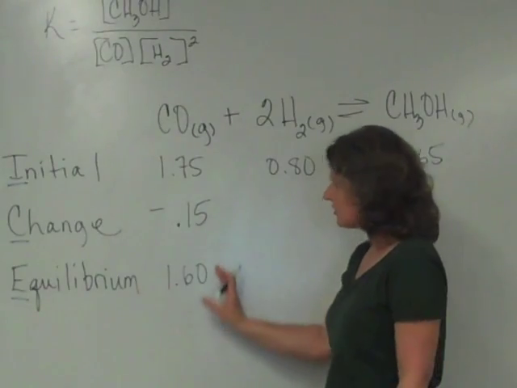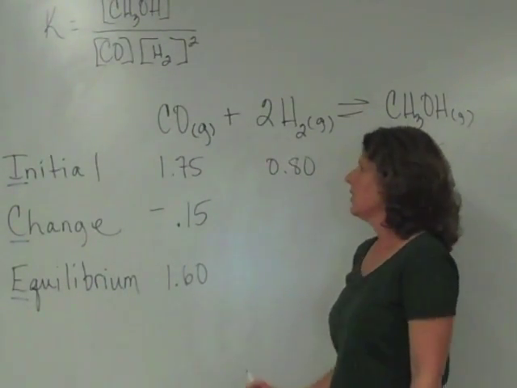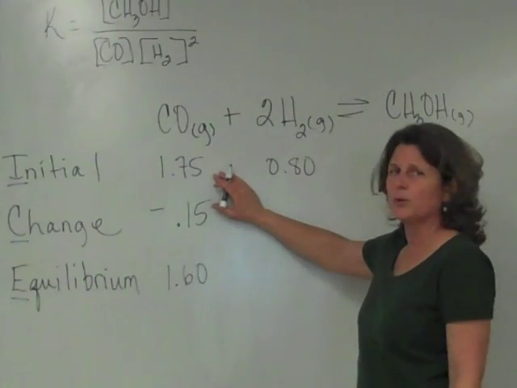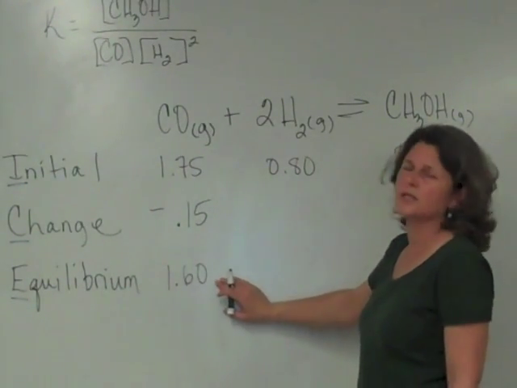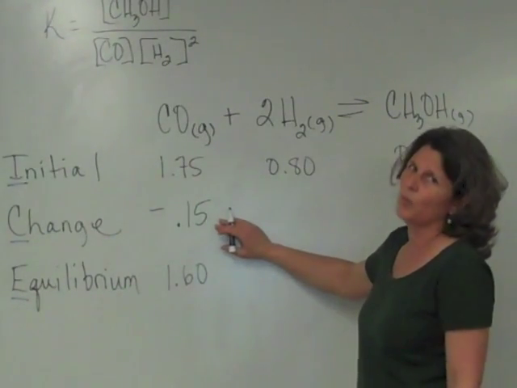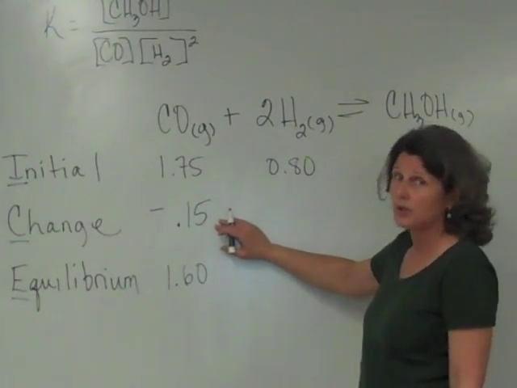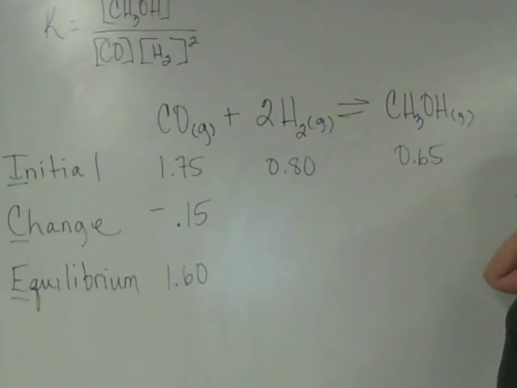Right? These are all concentrations, but we can just look at these as just being regular old numbers. So that initially it started with 1.75. I end up with 1.60 at equilibrium. So that means that I lost 0.15 molar carbon monoxide. Right? It got converted into product.